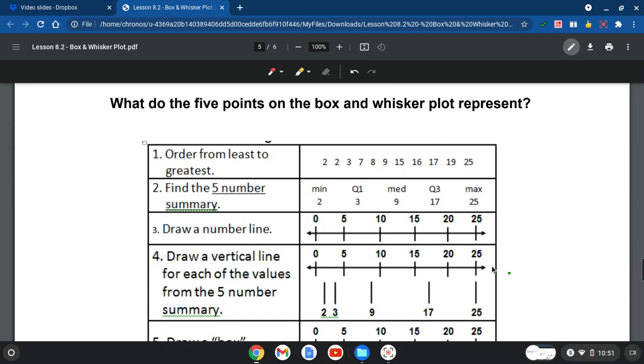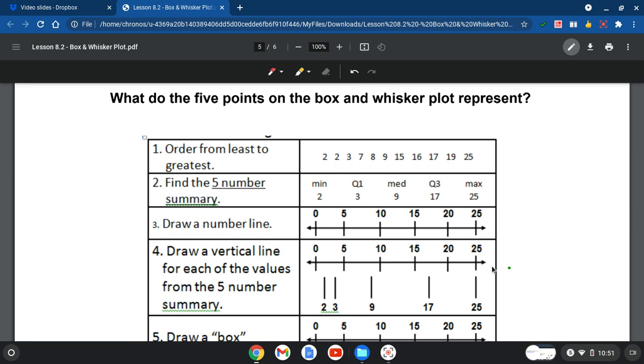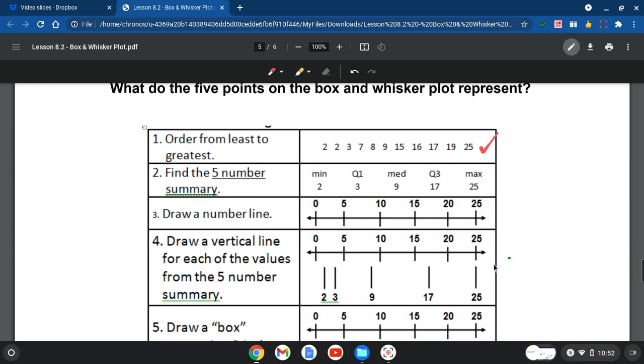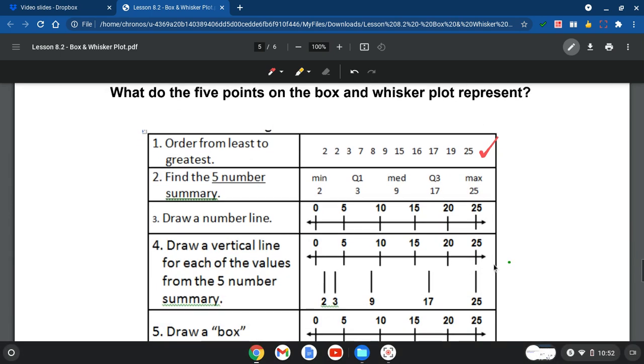Let's take a look at an example. What do the 5 points on the box and whisker plot represent? When you have a set of data, the first thing we should do is put that data in order from least to greatest. Next, we're going to find the 5-number summary. By looking at this data, the minimum is 2.